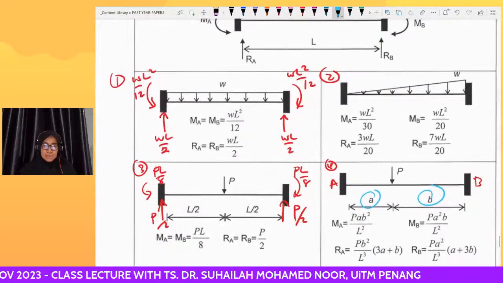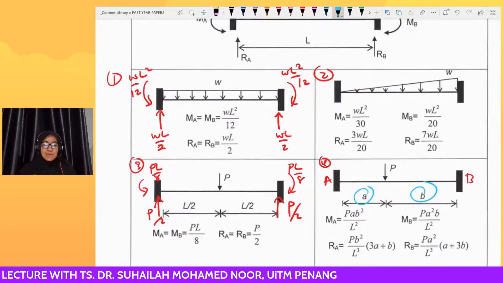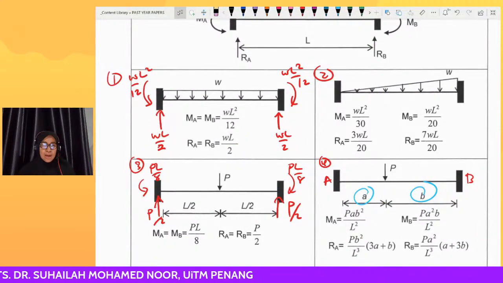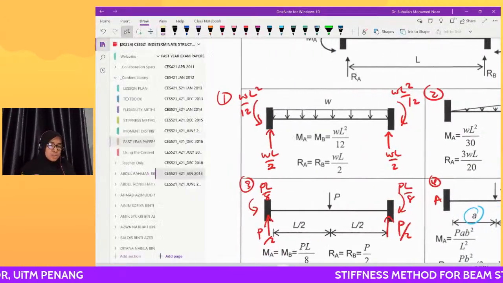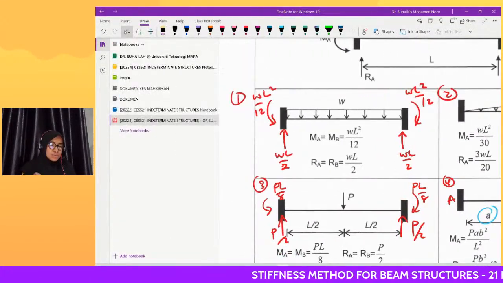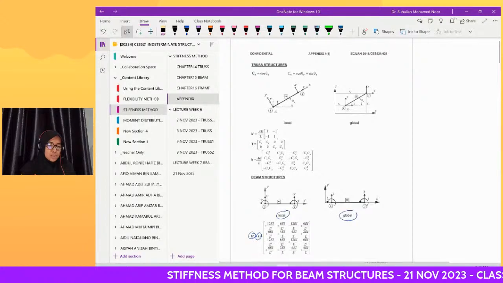That is about the fixed end action. Just a simple formula for 1 and 3. Anyway, the formula will be given to you. So we go back to this.